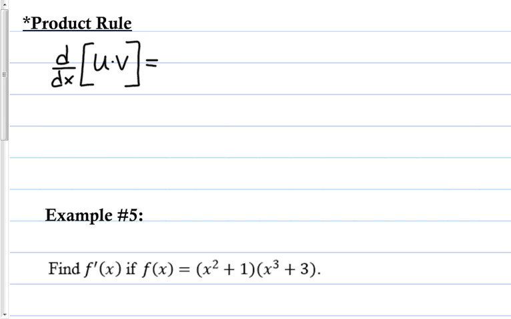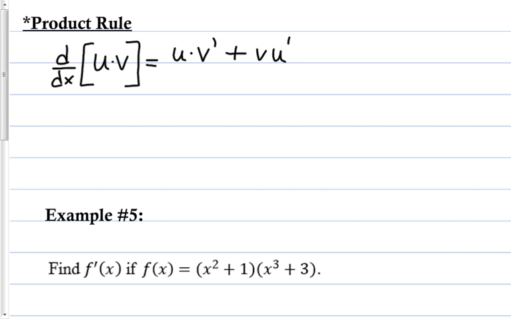You take u, the function u, whatever that is, and you multiply it by the derivative of v. We're going to call it v prime. Then you add the function v times the derivative of u. This is the product rule. This is a shortcut to finding the derivative when there are two functions being multiplied.